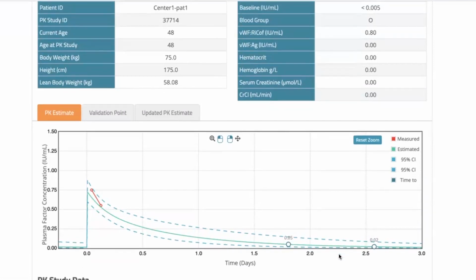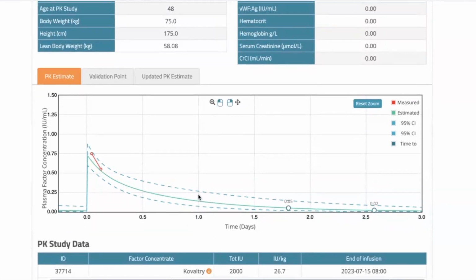Now, the point I want to make is how can we reduce this variability? Keep in mind, fix in your brain the image of this confidence interval very much apart at 12 hours, 24 hours, 36, 48.